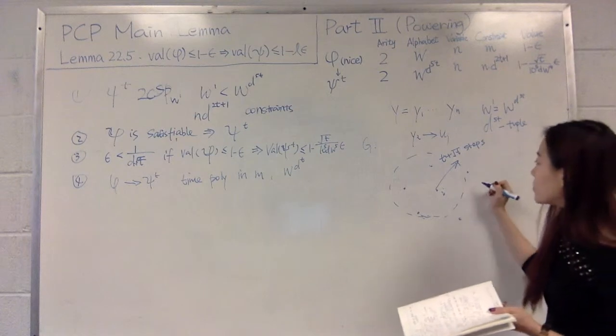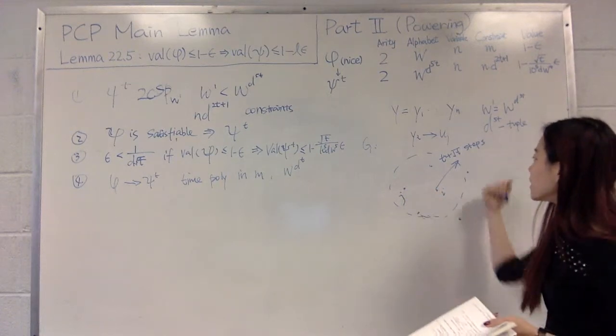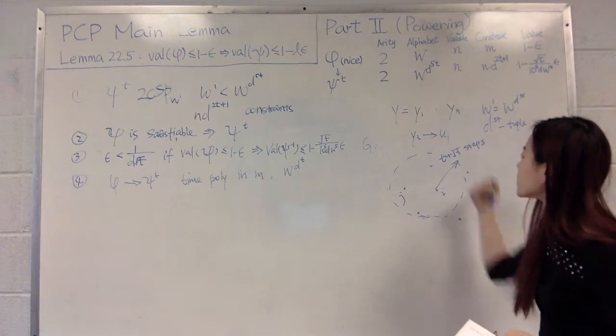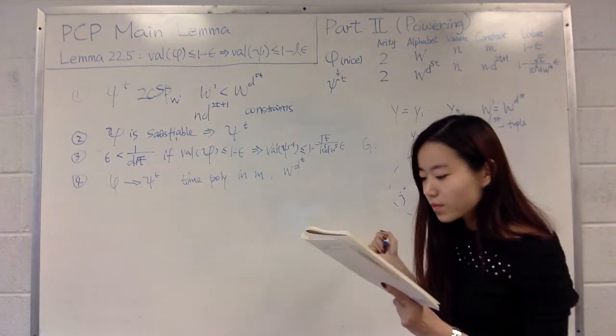Basically, I will assign the uj if and only if j is in this ball with radius t plus square root t.